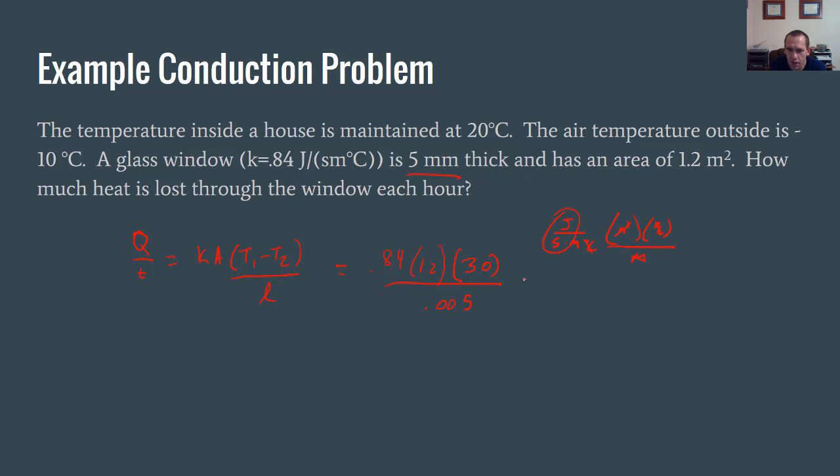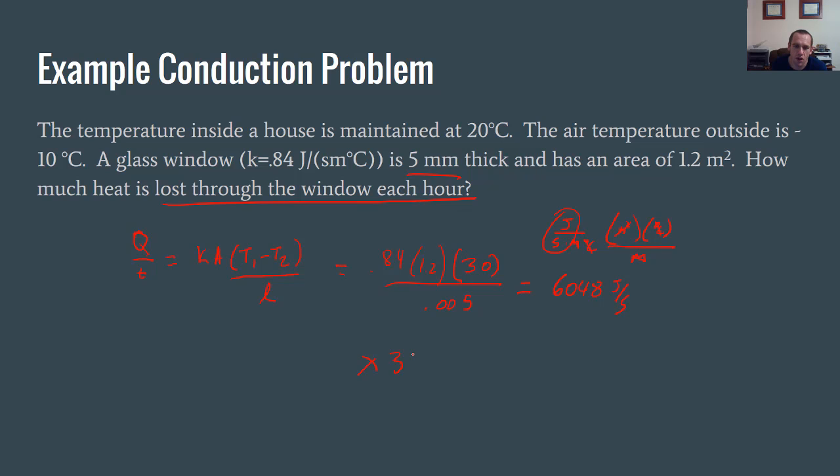and we are left with joules per second, which is a watt. If we do this math real quick, 0.84 times 1.2 times 30 divided by 0.005 gets us 6,048 joules per second. Now the question was how much heat is lost through the window each hour.